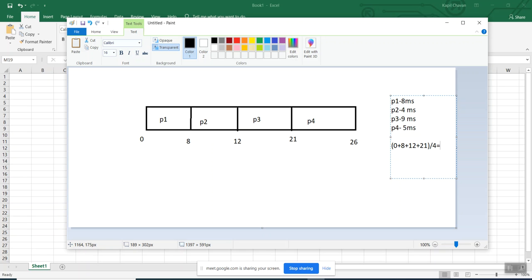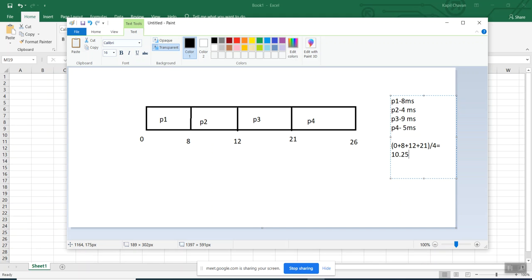So we need to divide it by the 4. So anyone can tell me the answer? Quickly, anyone can do the calculation and tell me the answer. 10.25.